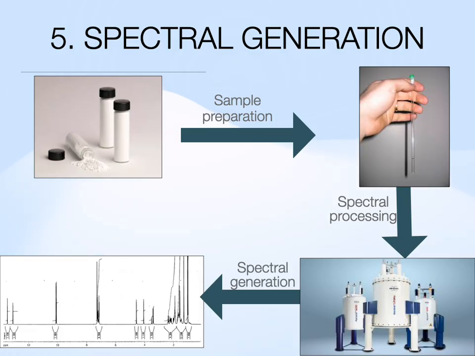In other words, how do the bonds connect to each other, and where are they positioned? That information is obtained by way of a spectrometer. And so in order to be able to use a spectrometer, we have to prepare our compound in such a way where it can be analyzed appropriately by the instrument.